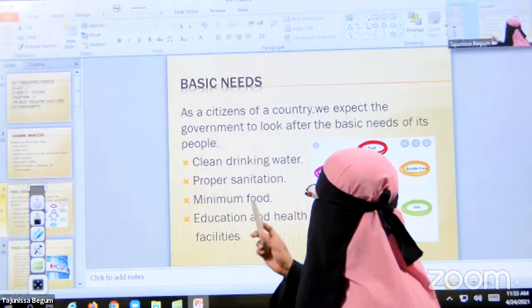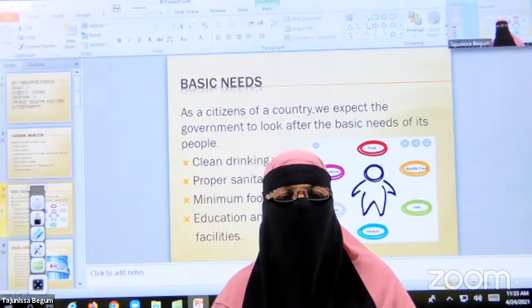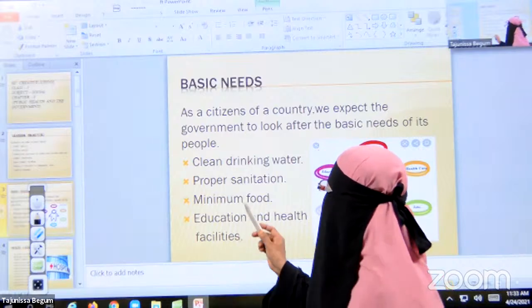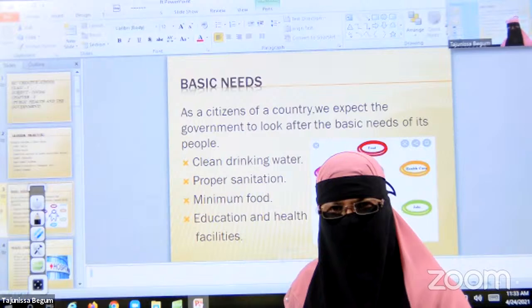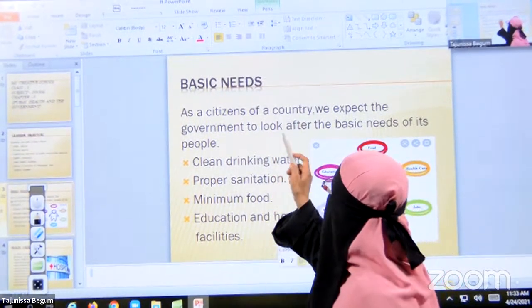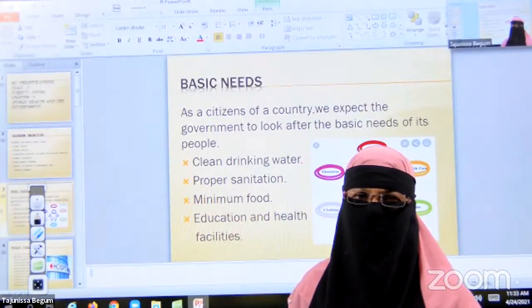We are expecting clean drinking water facilities. Whatever water we have, that water should be provided by the government, very clean drinking water and proper sanitation. Cleanliness should be there, sanitation should be there, everything should be very hygienic. And we are also expecting minimum food from the government.